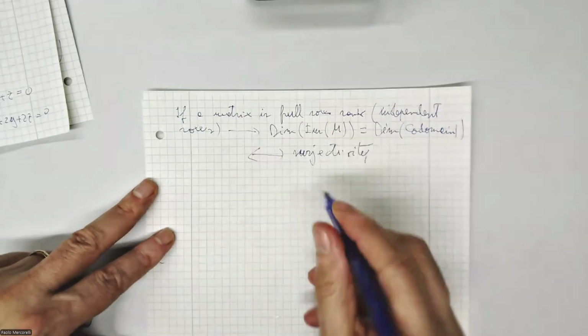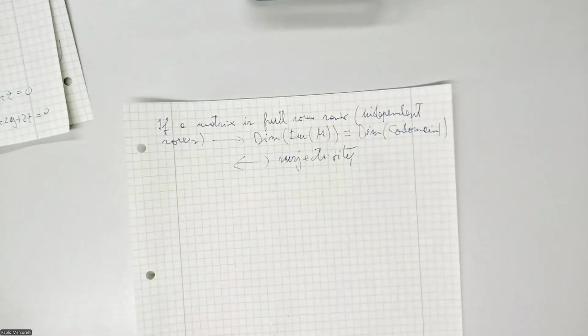Or vice versa, if surjectivity implies this way. This means if it's not full row rank, it's not surjective. The theorem goes in both directions. Look at the slide. You can find it.